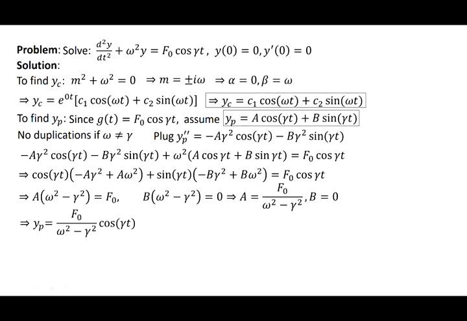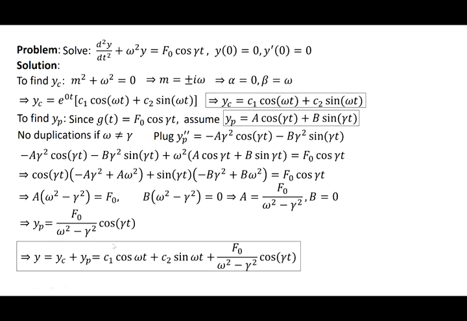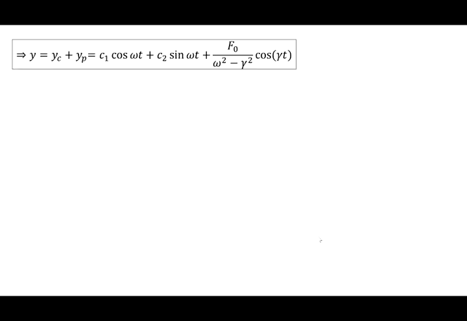So we have solved for the unknown A in terms of all the known quantities. So y sub p turns out to be A cosine gamma t plus B sine gamma t, B is 0, so y sub p turns out to be this, and the total general solution turns out to be this. Now it's an initial value problem, so we need to plug in y of 0 equal to 0.